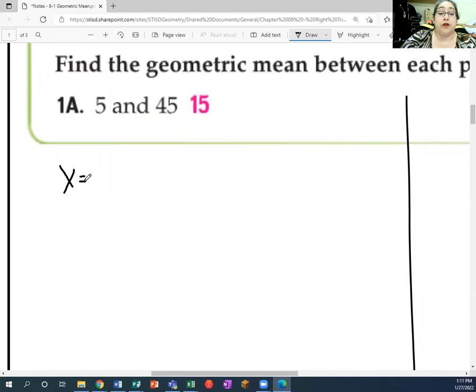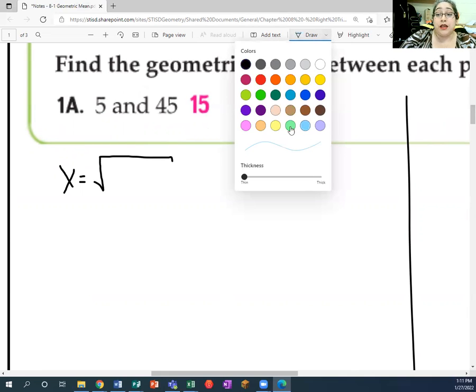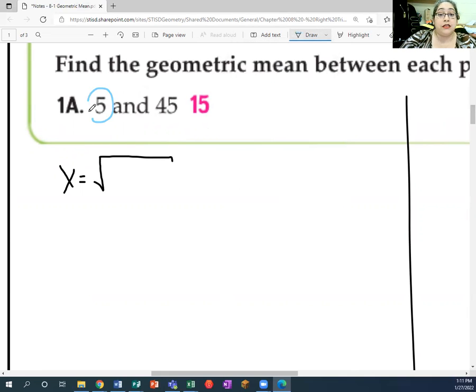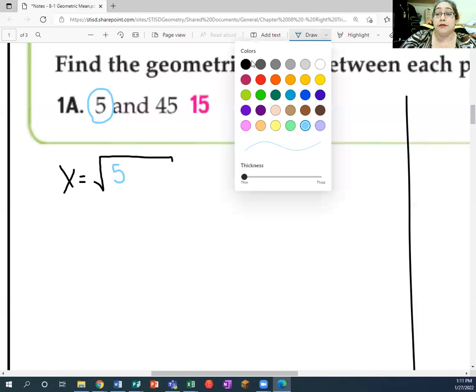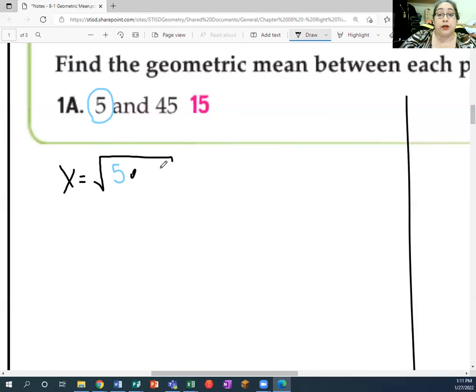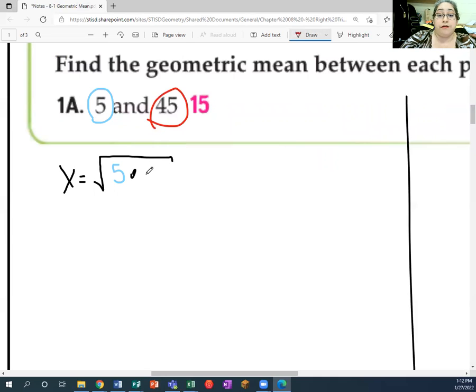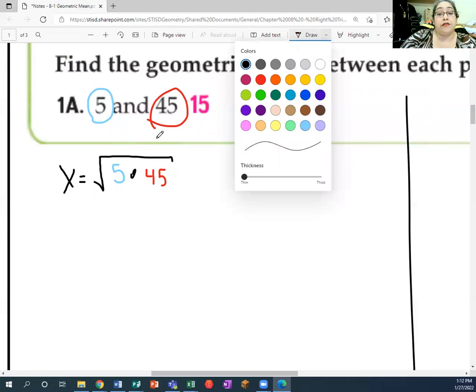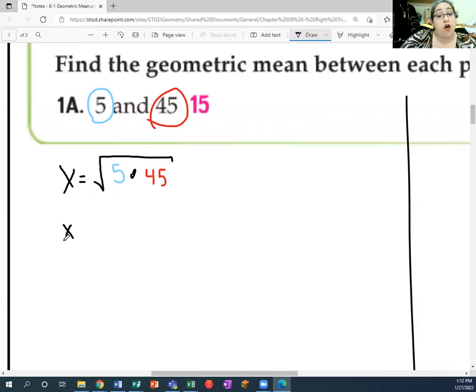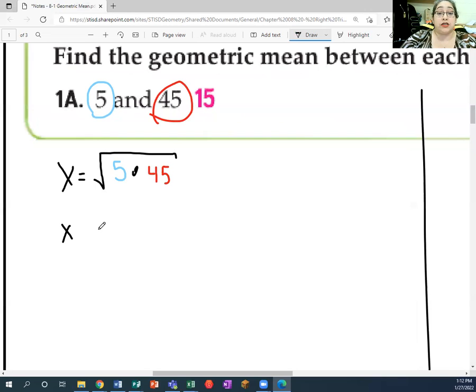All right, so my formula for geometric mean is x, the geometric mean, is the square root of my first number, which we called a in the formula, times the second number, which we called b in the formula. In this case, my second number is 45. I'm going to rethink of these numbers as a list of all of their prime factors.